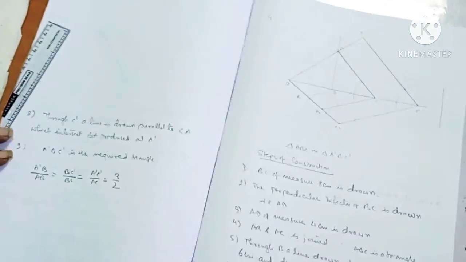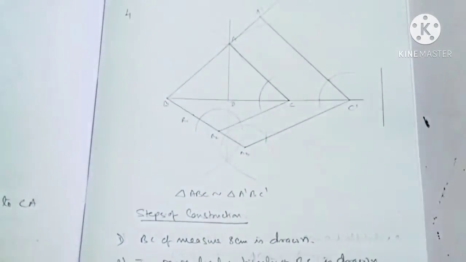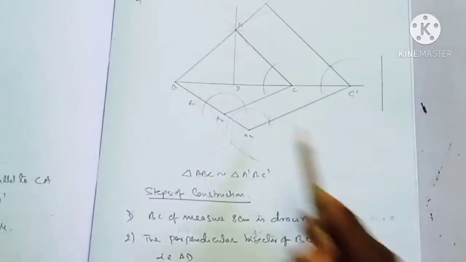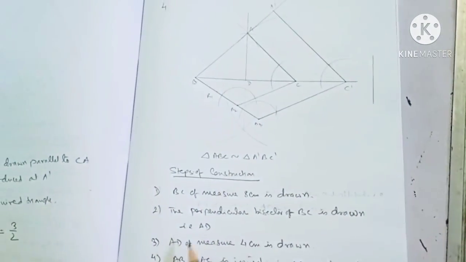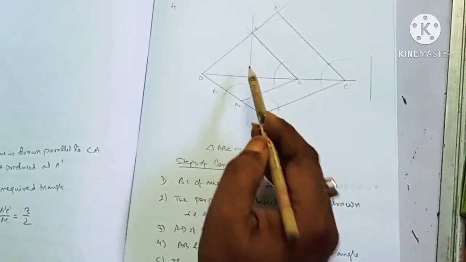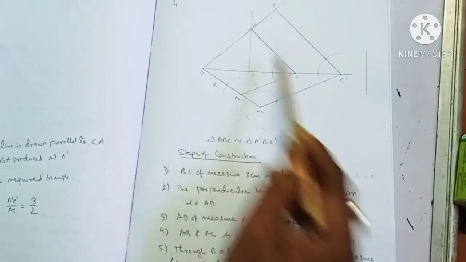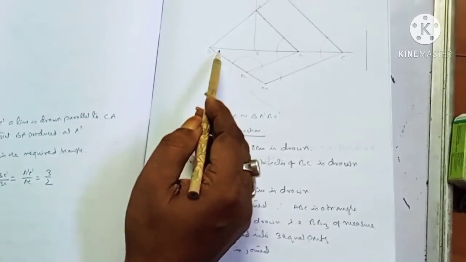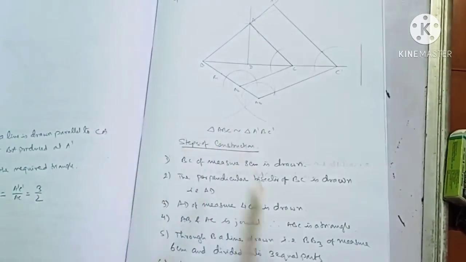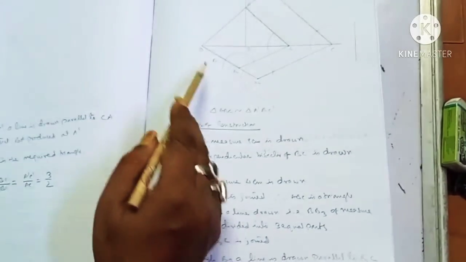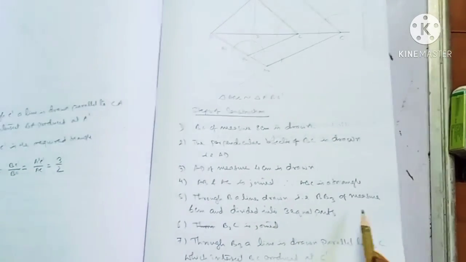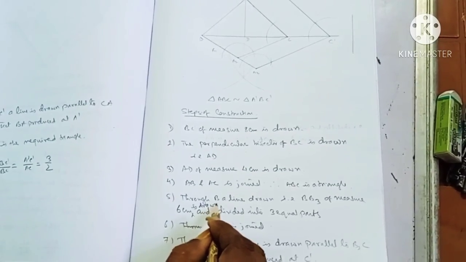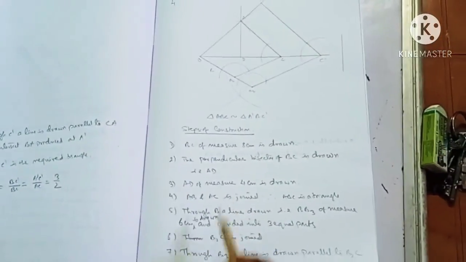So the steps of construction: BC of measure 8 centimeter is drawn. The perpendicular bisector of BC is drawn, that is AD. AD of measure 4 centimeter is drawn, and now AB and AC are joined, therefore ABC is the triangle. Through B, taking any acute angle, a line is drawn, that is BB3 of measure 6 centimeter, and divided into 3 equal parts.